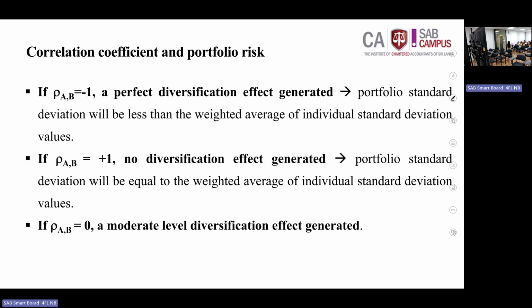Okay. So if they are perfectly positive, what does it mean? A perfectly positive relationship between two stocks' returns. That means when John Keells' return is increasing, what happens to the return of Kingsbury?